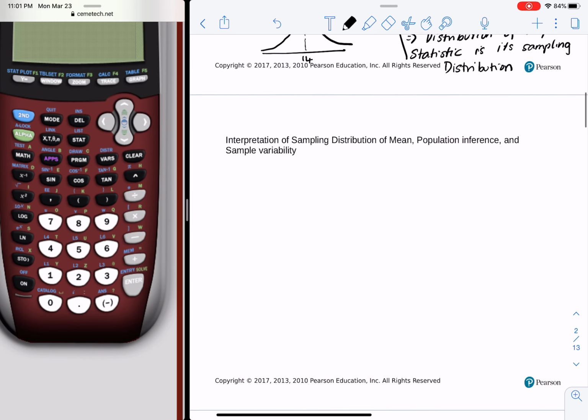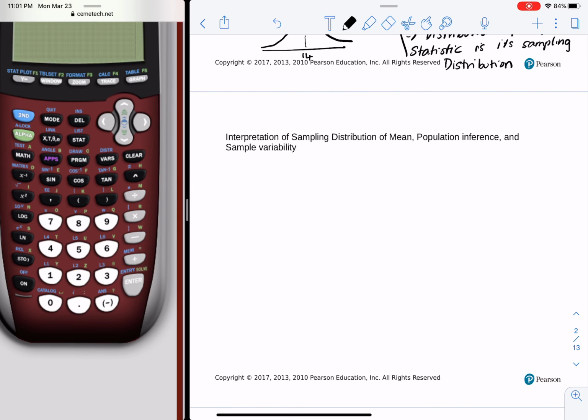So, how do we interpret the sampling distribution of the mean? Notice we know that if we have a sample from a population, and let's say the population is all cats, and I collect the first sample, that first sample perhaps gives me an average.